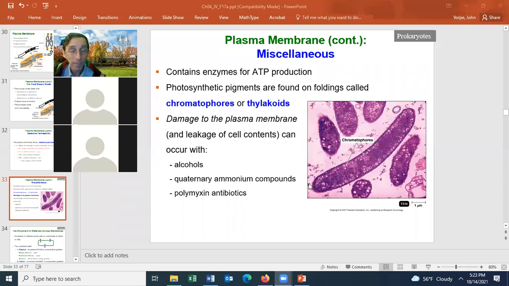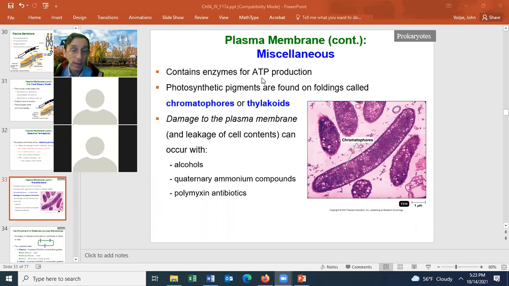The plasma membrane also has a number of specific structures or enzymes in it, especially for the bacteria. For the bacteria, as well as the archaebacteria, that's where we find the enzymes for making ATP. We do not see this in eukaryote membranes, but in bacteria and archaebacteria, they contain the enzymes for making ATP. We'll talk a little bit more about that in a later lesson.